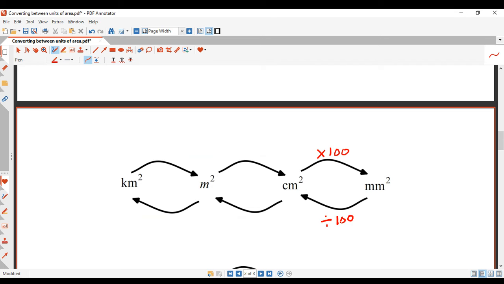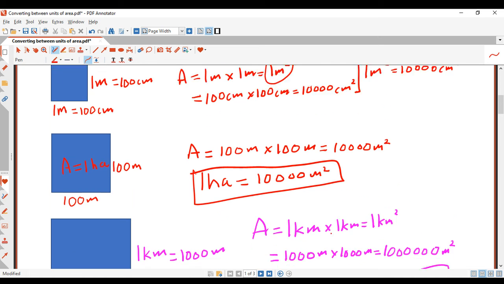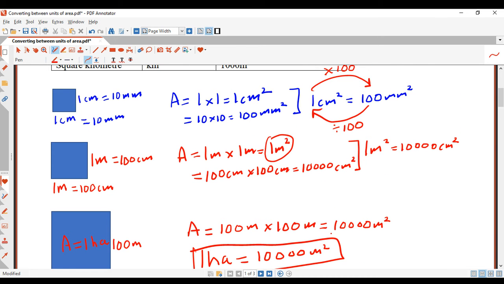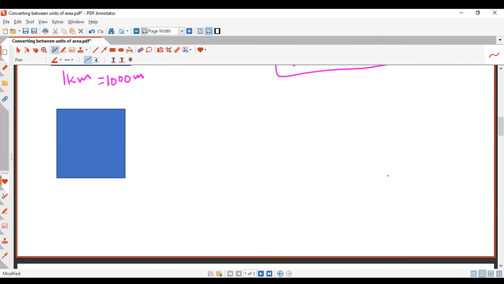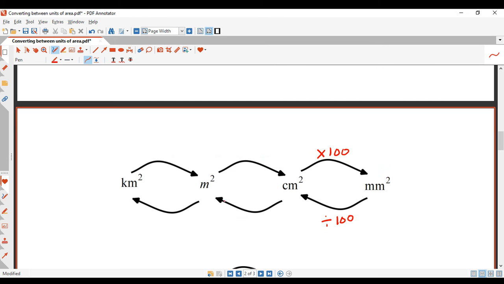Okay, now metre squared to centimetre squared. 1 metre squared is 10,000 centimetres squared. So to go from metre squared to centimetre squared, to go from 1 to 10,000, we're multiplying by 10,000. So let's write that on there. Multiplying by 10,000, go from metre squared to centimetre squared.